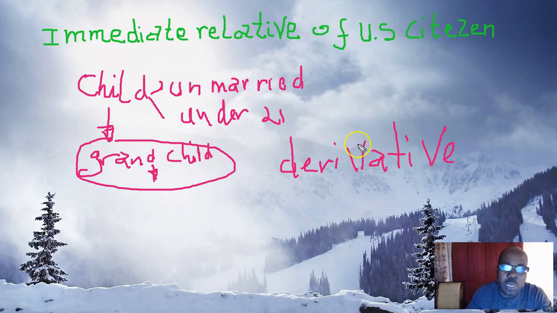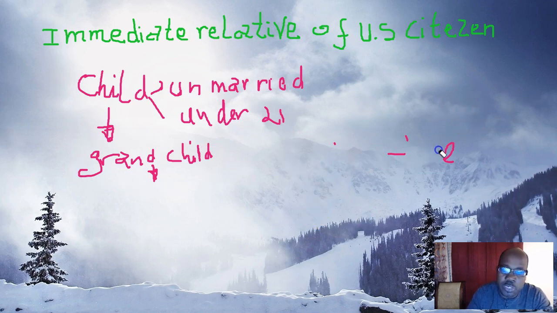Let me explain, because it's important to understand the term derivative. Let's say I am a beneficiary. That means a U.S. citizen or a permanent resident filed an application for me.